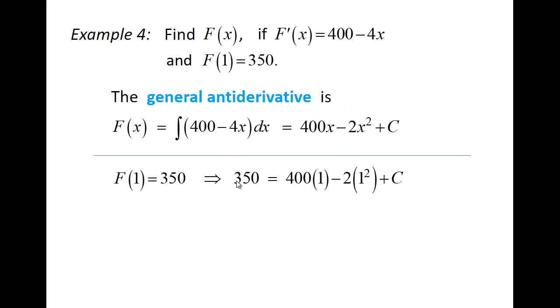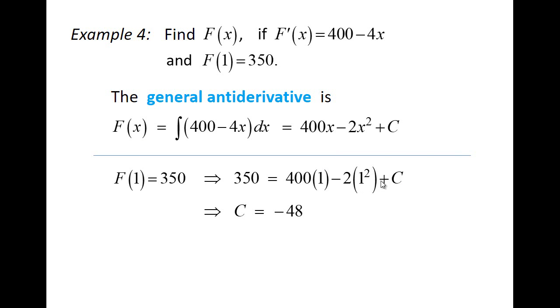On one hand, F of 1 is given to be 350. On the other hand, we can calculate F of 1 from this formula that we obtained. And now we can solve for c. So this is 400 minus 2, which would be 398. Here we get 398, and here we have 350.